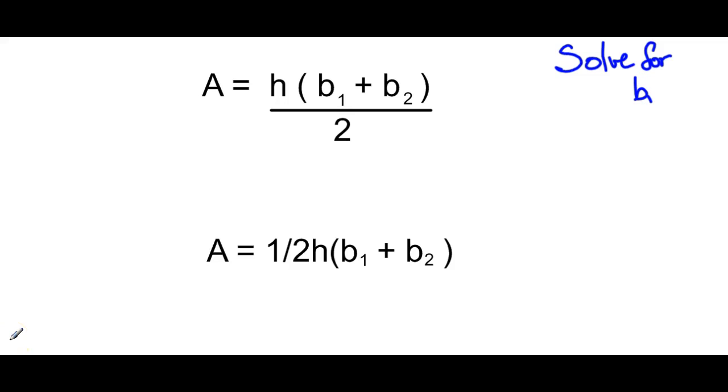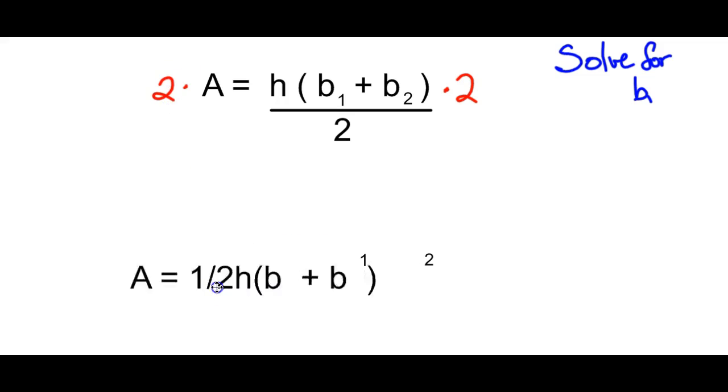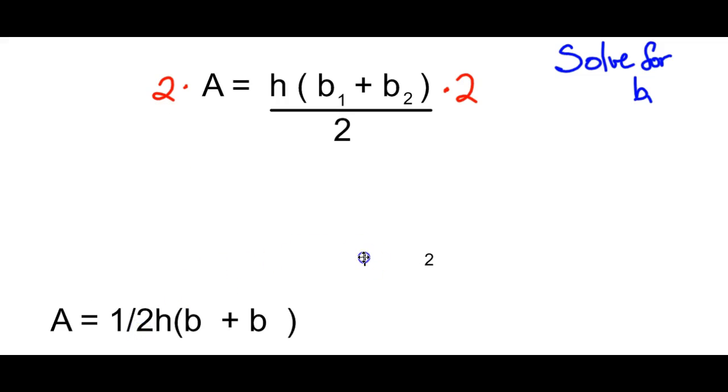I'm going to use the top one. So I'm going to start by multiplying both sides by 2. That's going to give me 2a is equal to h times b1 plus b2. These 2's canceled out.